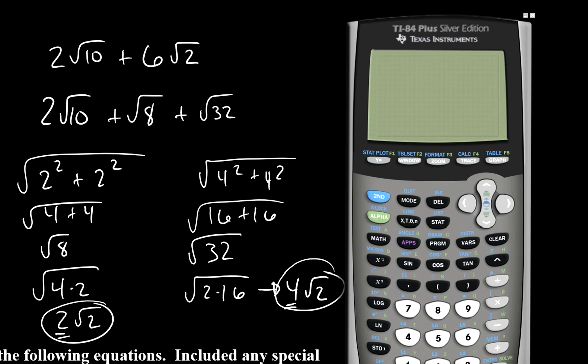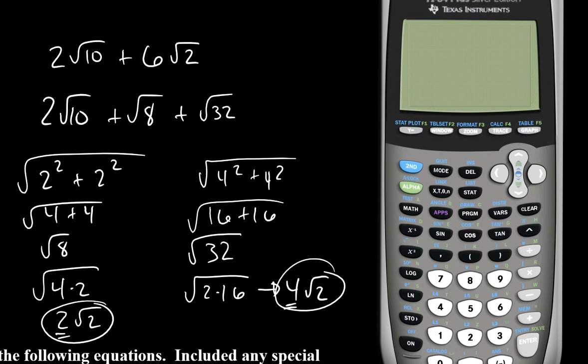So let's calculate those and just verify that they really are the same. So in the top one, I've got 2 times the square root of 10, and then I'm going to add to that plus 6 times the square root of 2. So that gives me 14.8.